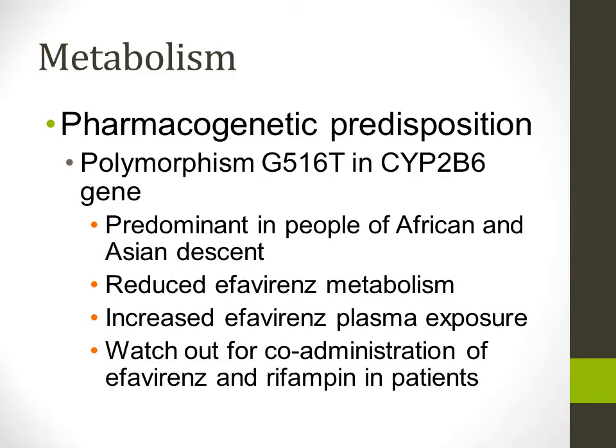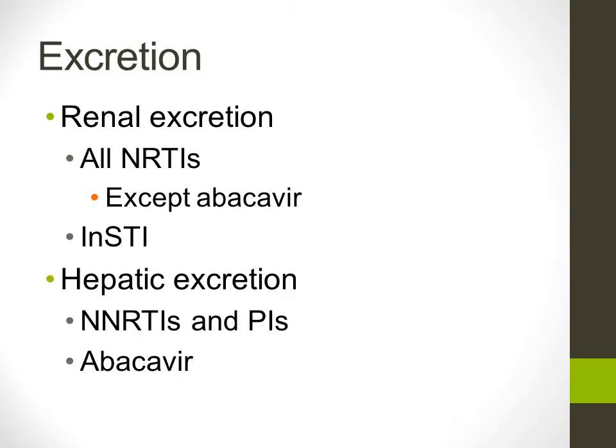Unlike in most other patients, where we can increase the efavirenz dose by 200 milligrams to account for the metabolism by rifampicin, for people of African and Asian descent the dose should remain unchanged because genetically they are not predisposed to this metabolism.